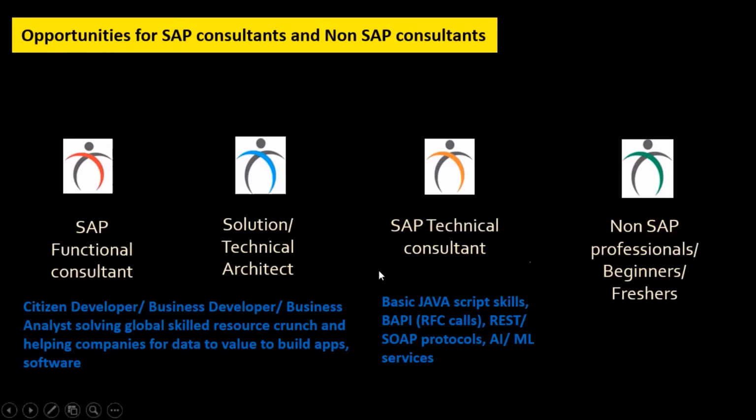But since you are a functional or technical consultant, you get an added advantage, obviously, because you already have SAP knowledge, functional and domain knowledge, and you know how the SAP system works. So that's the advantage you get over even a non-SAP consultant. But it's not that they can't work. They also can work in this particular area. So there is a good amount of opportunity for any type of professional, irrespective of your background. You can work in hyper automation.